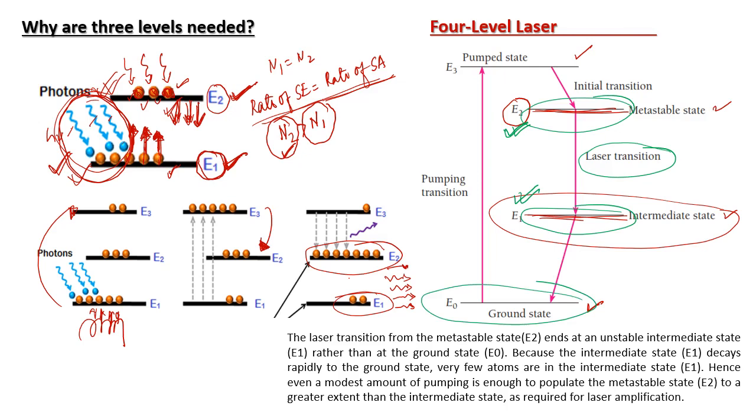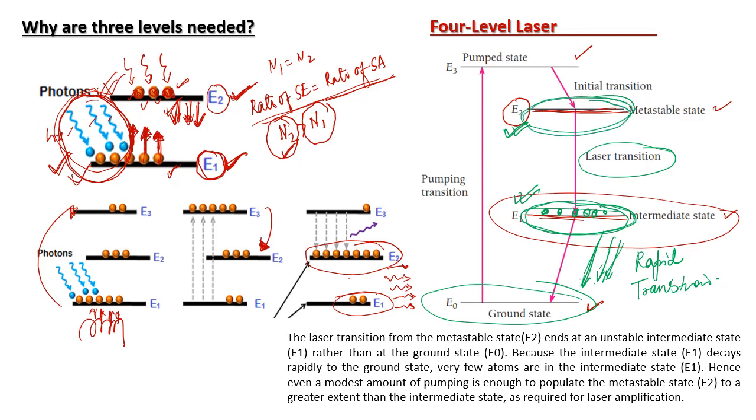Because the intermediate state E1 decays rapidly to the ground state, the atoms which come here very rapidly decay to the ground state. Very few atoms are in the intermediate state, because they transit so rapidly to the ground state, even as compared to the metastable state.